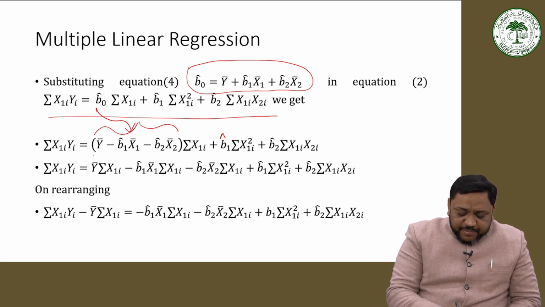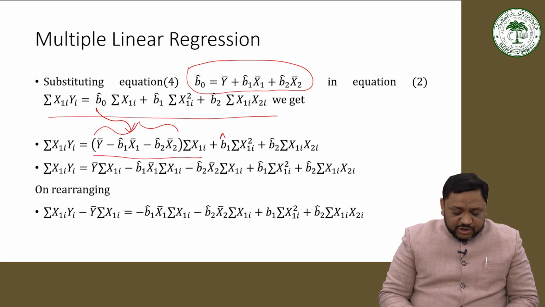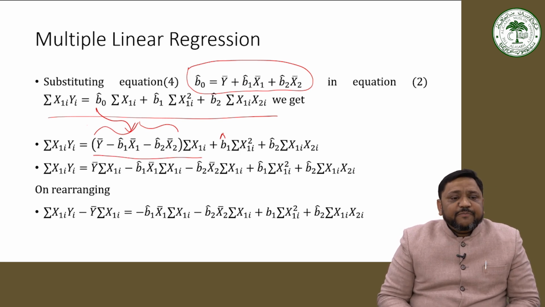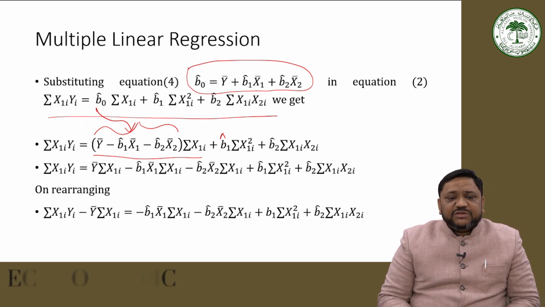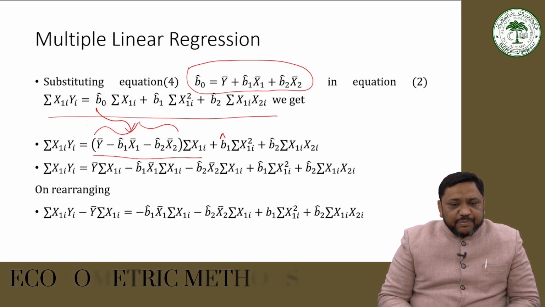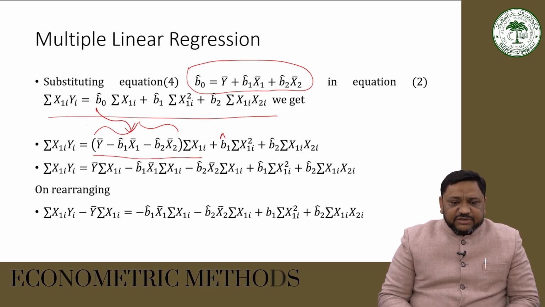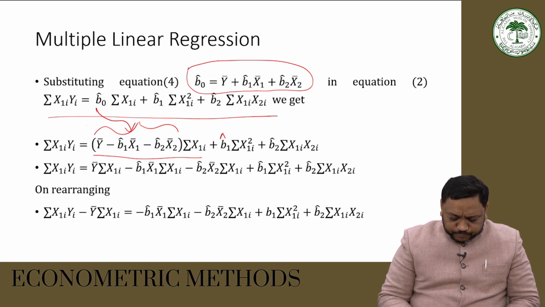So now we open up the bracket, so it turns out to be summation x1i yi is equal to y bar summation x1i minus b1 hat x1 bar summation x1i minus b2 hat x2 bar summation x1i plus b1 hat summation x1 square plus b2 hat summation x1 x2.